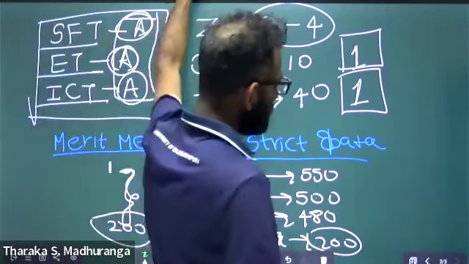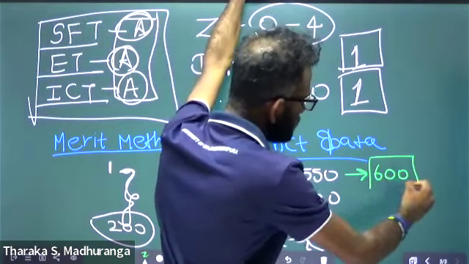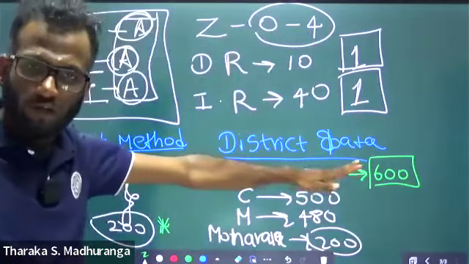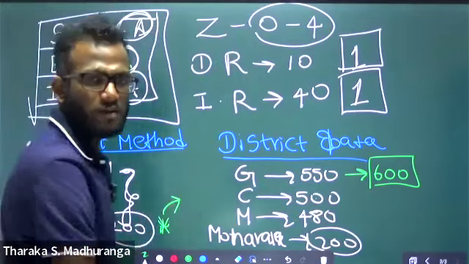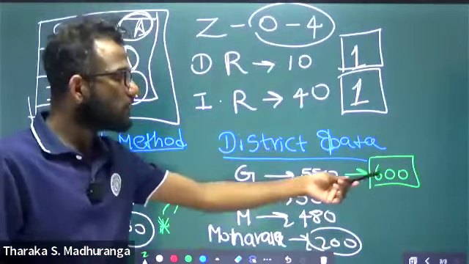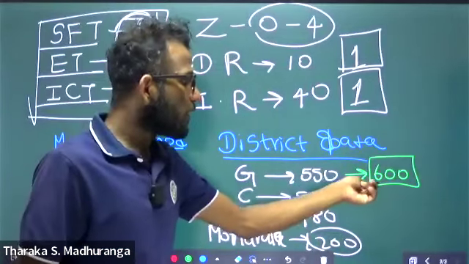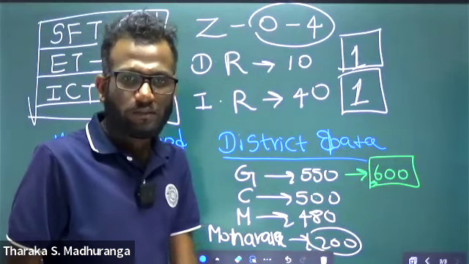Remember that in Gampaha district 600 students are selected for the university: 550 according to the district quota method and 50 from the merit ranks. Both are selected for the universities. So up to rank 600 in Gampaha district, students can be selected for the universities.